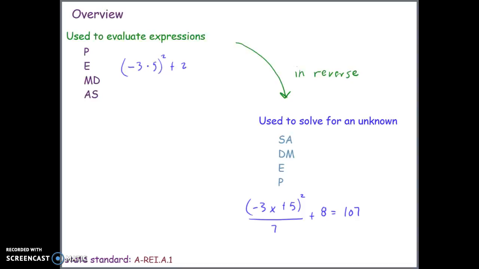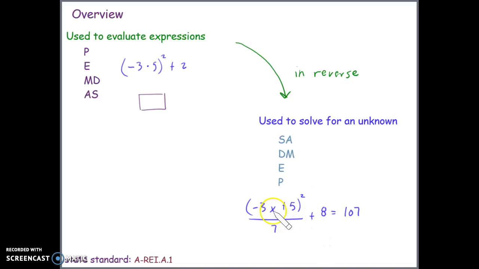Before we begin, let's talk about this idea of reverse PEMDAS, or SADMEP. Normally when we have an expression that has only values, we are simplifying it down to a single value, right? And we are simplifying it in the order of operations, which we know as PEMDAS. When we are solving for an unknown, we have lots of numbers on the same side as the variable, the x.